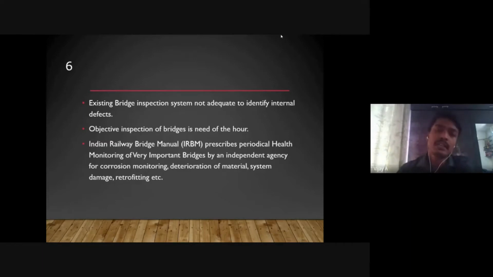In the previous presentations as well, I told you that I have taken major points from the Indian Railway Bridge Manual, and I have given some of the points to you as well.